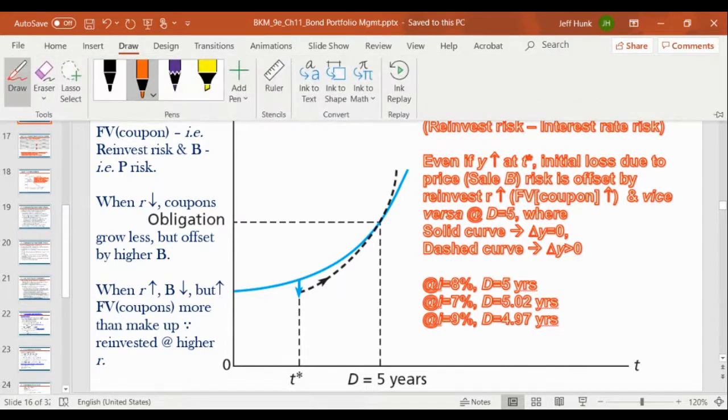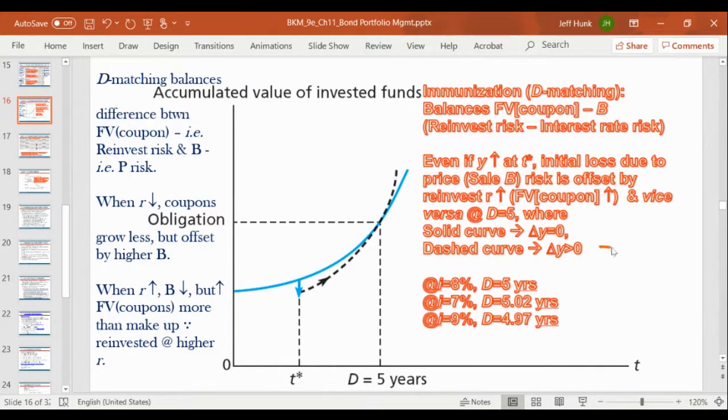Because the change is positive, that means positive change, right?